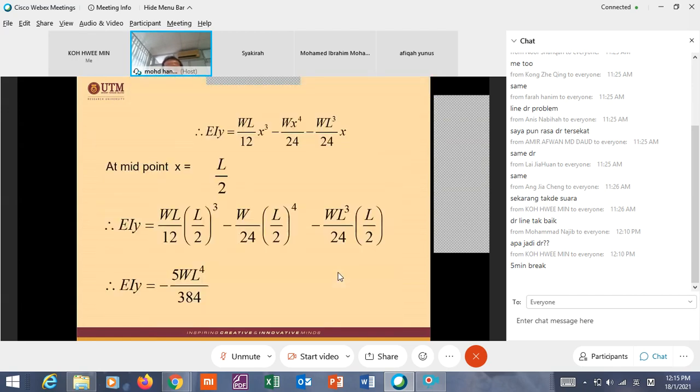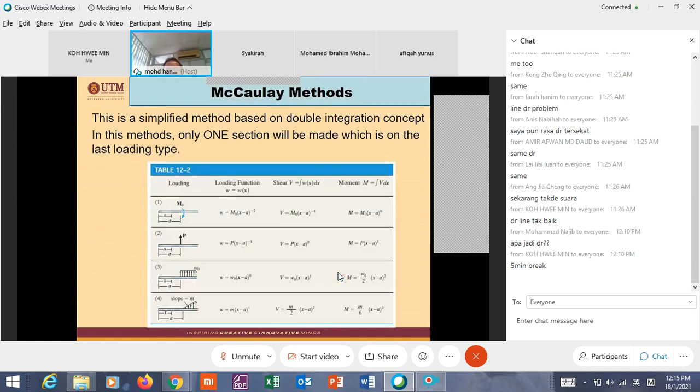In this previous example, we need to split into 2 segments. So when you split into 2 segments, you have to integrate or develop 2 equations. If you split into 3 or 4 segments, for example, 4 segments, you need to develop 4 equations.